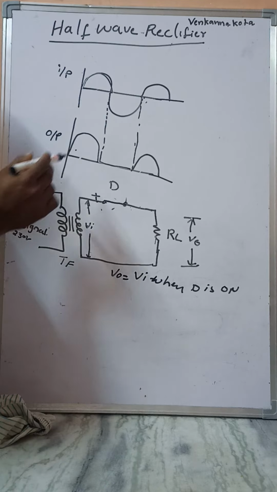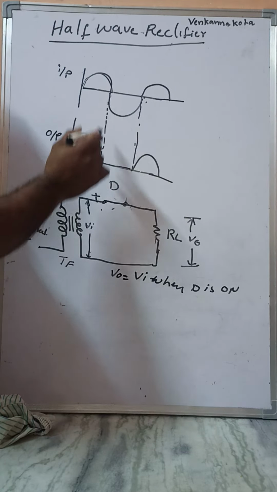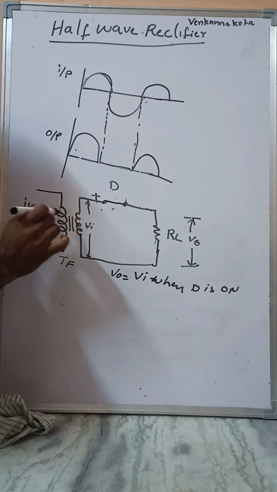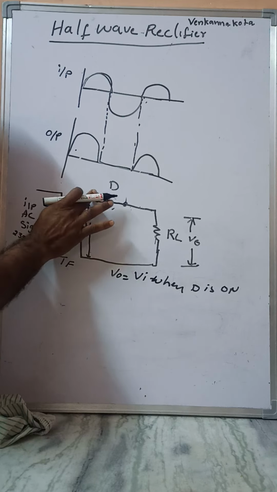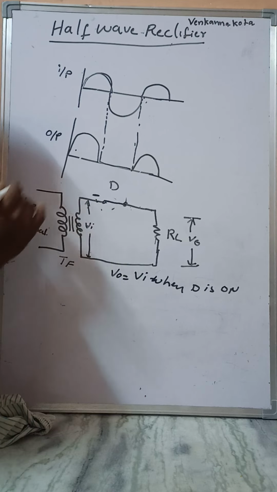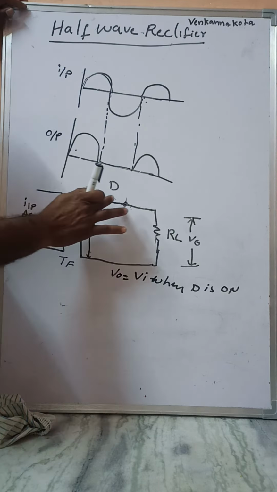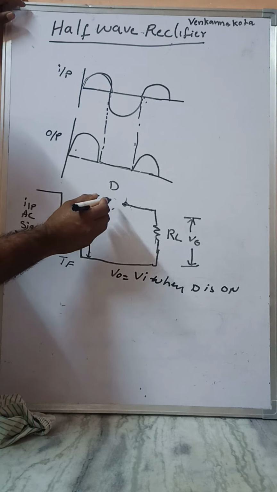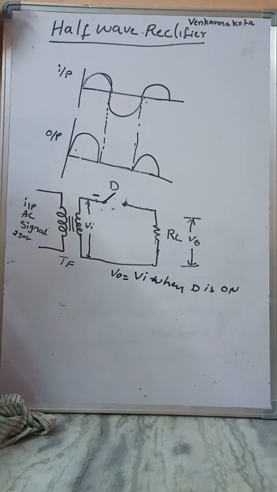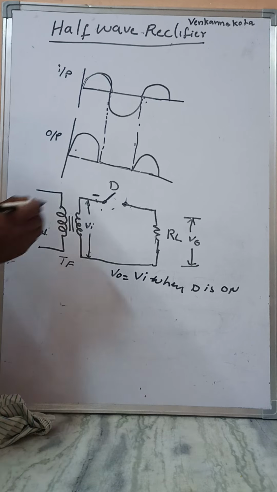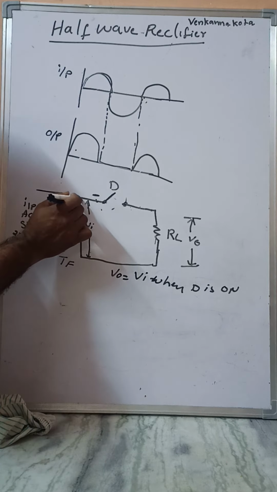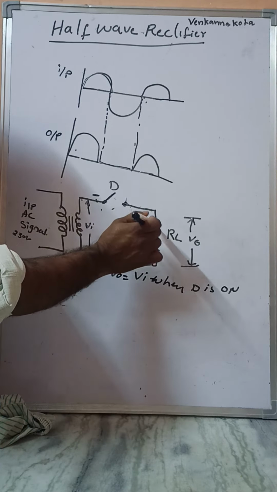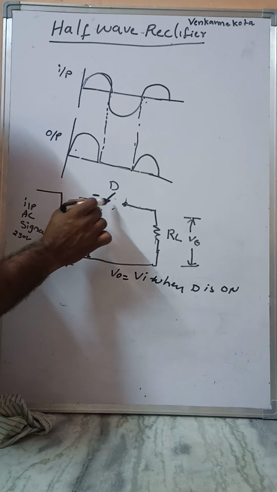During the negative portion, when a negative signal is applied to the diode, the diode acts as an off switch. Why? Because this is reverse bias, and in reverse bias the diode acts as an off switch. Then the input current does not pass to the load resistor because there is no connection.